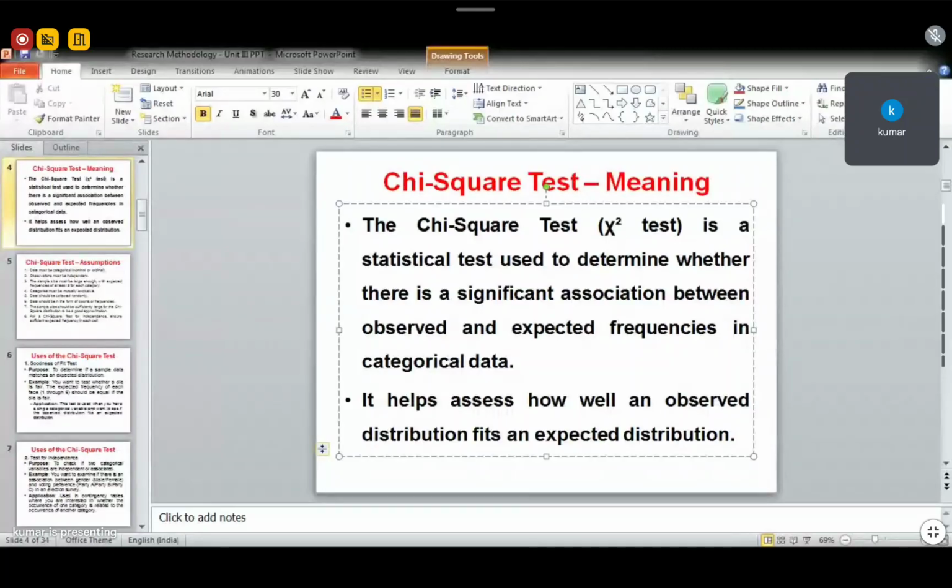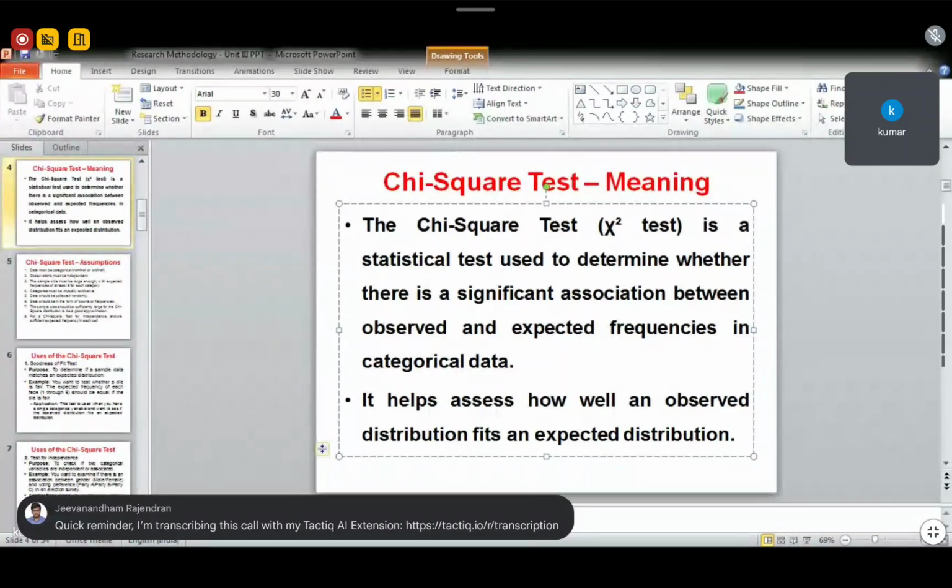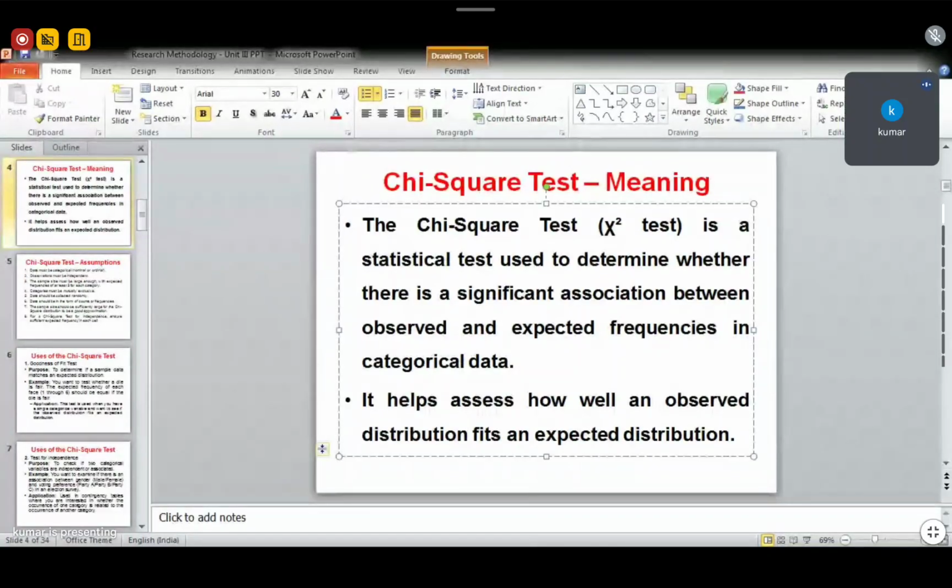Rather to say, when there is a difference between theoretical concept and actual observation, actual performance, we test whether such a difference is significant or not. That is the simple meaning of chi-square test. Now this test has been defined like this.